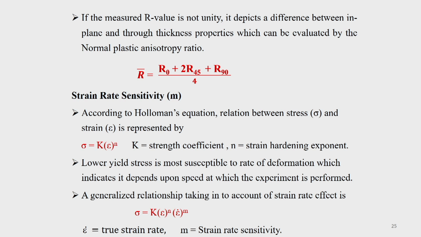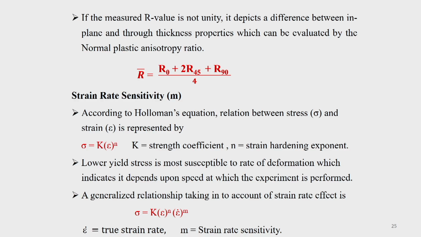And if the measured R value is not unity, it depicts a difference between the in-plane and through thickness properties of the material, because the strain along the width and the strain along the thickness are different. This can be evaluated by the term normal plastic anisotropy.